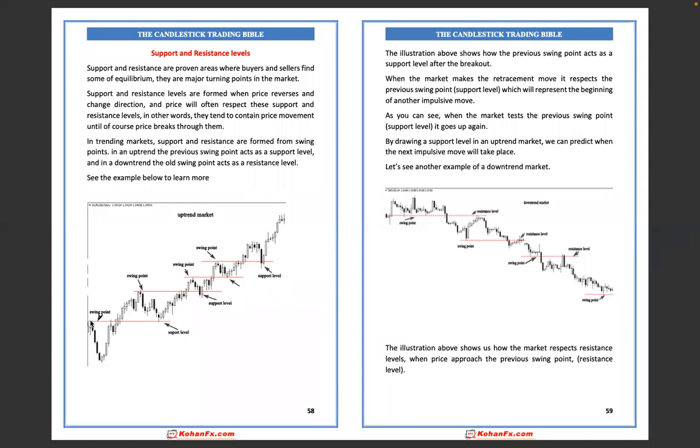Why? Because when there is a higher high, we mark our resistance. When that resistance is broken, we all agree that the resistance becomes a support. And this is the reason why we buy in an uptrend. When the market comes for a retest, we take our buy.